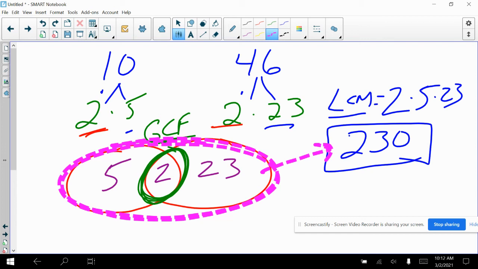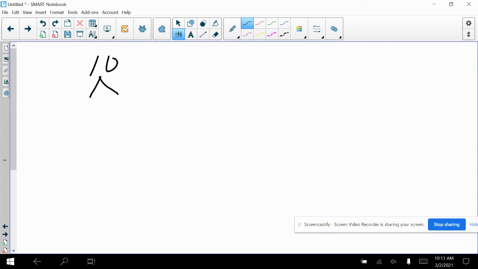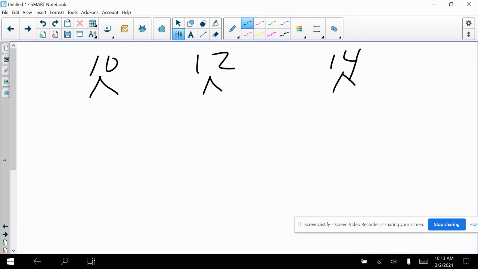All right, we ready for triples? So let's do 10, let's do 12, and let's do 14. Now, we'll do this together, but here's what I want to tell you with triples. The first thing that you want to do is look at the 3 numbers. Hopefully you're listening.